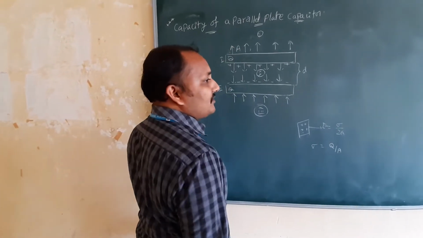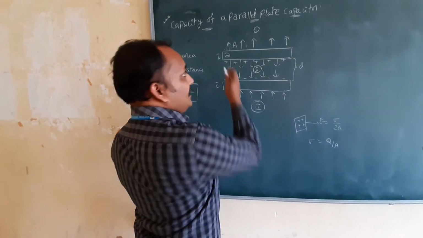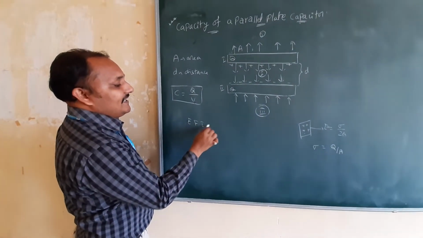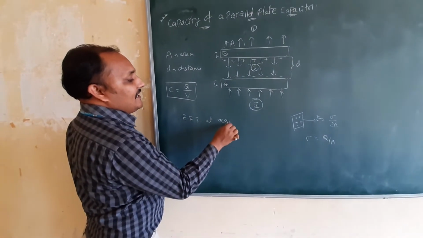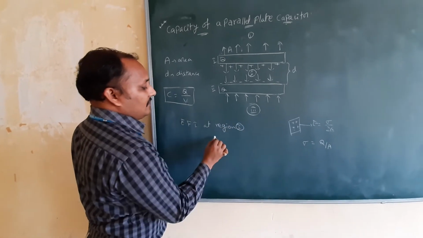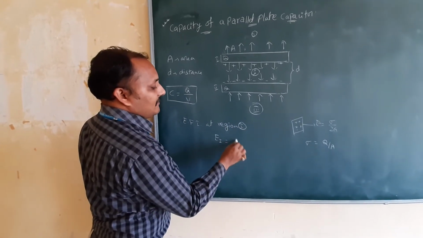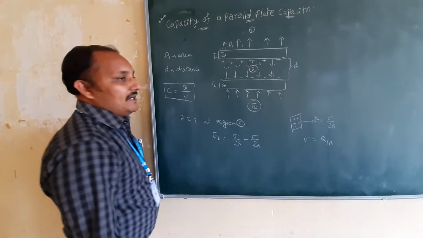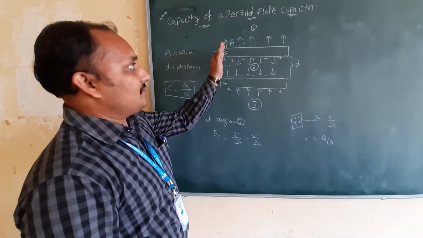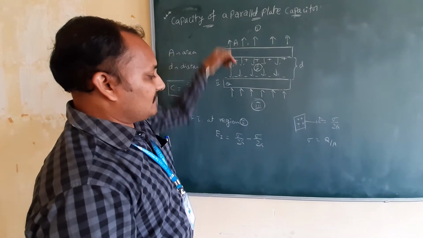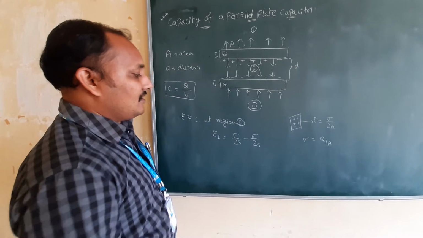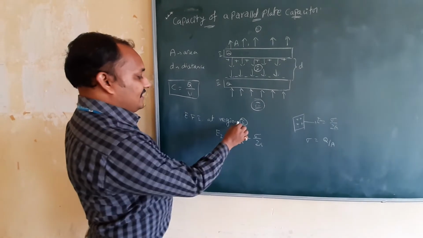Therefore both are going to cancel each other. So the electric field intensity at region 1 is equal to sigma by 2 epsilon naught minus sigma by 2 epsilon naught. Both are opposite. Therefore they cancel in region 1.